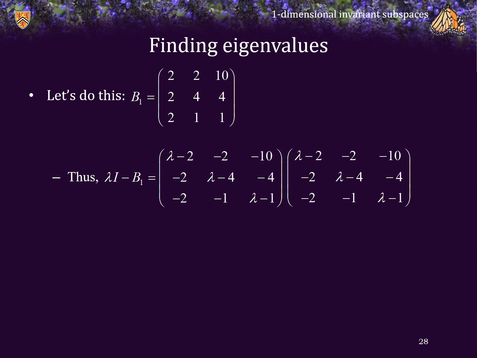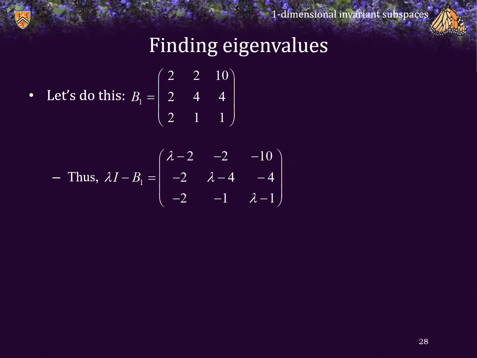Duplicate the matrix, then multiply these three entries and add to that the product of these three entries and add to that the product of these three entries. Then subtract from that the product of these three entries and subtract the product of these three entries and finally subtract the product of these three entries. That is the determinant of a 3 by 3 matrix.